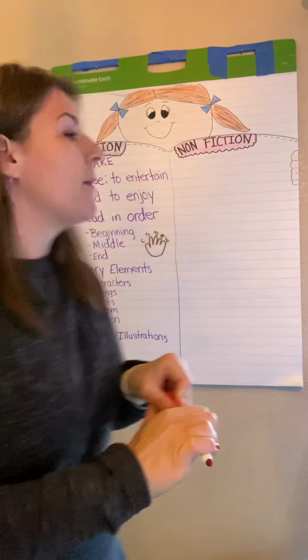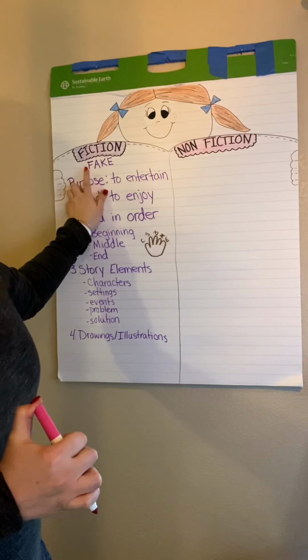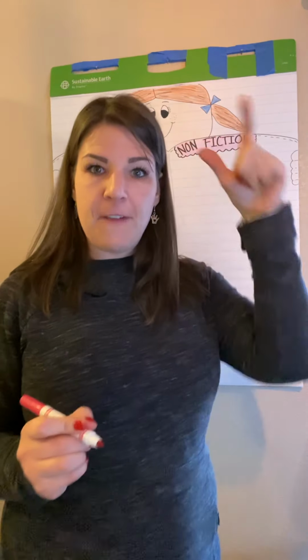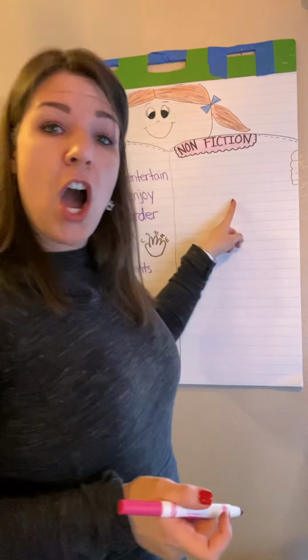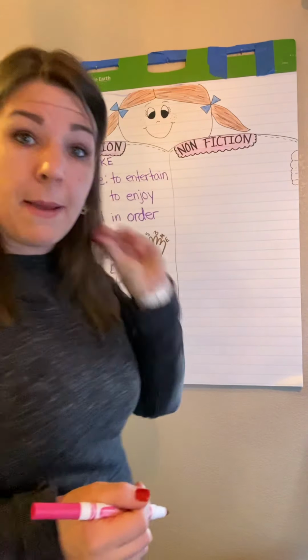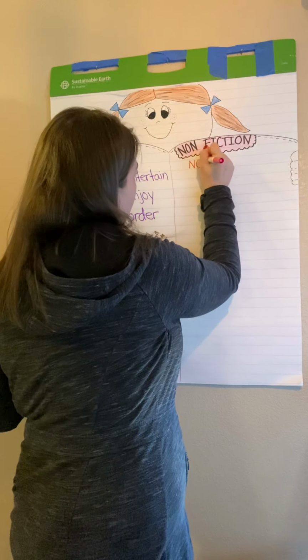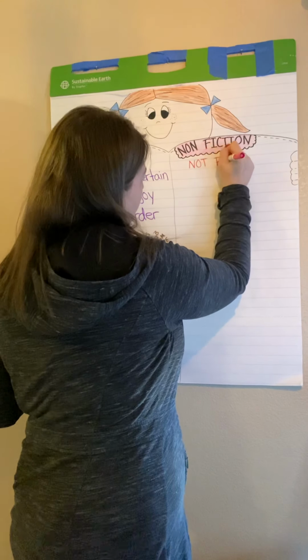So yesterday, when we talked about fiction, the very first thing I told you was I remembered fiction by the word fake. Fiction starts with F, fake starts with F. So that just helps me remember fiction, fake, okay? So nonfiction, how I remember that is it is not fake, okay?